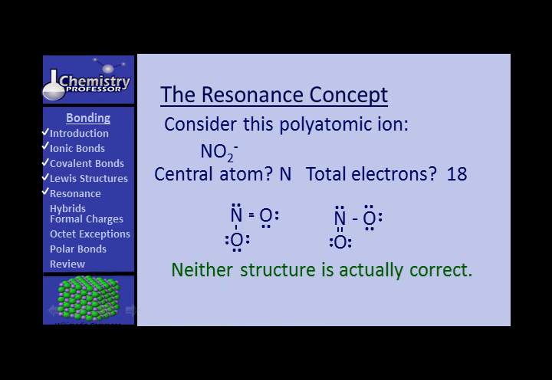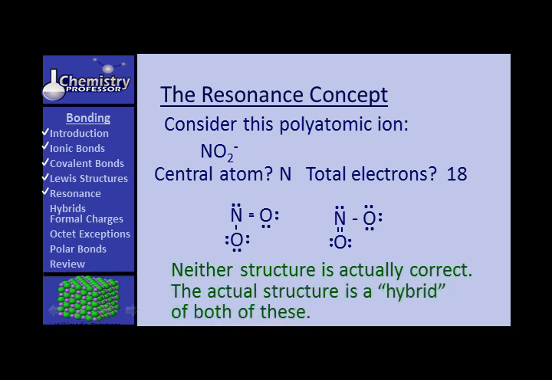Actually, neither structure is actually correct. Both structures, though, contribute to what we have as a structure. The actual structure is a hybrid. It's a cross between both of those. You're familiar with hybrids. A donkey and a horse mate, and what do you get? You get a mule. Sure. The mule is the hybrid.